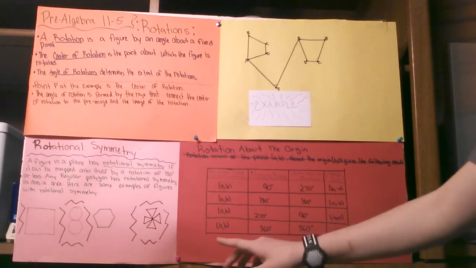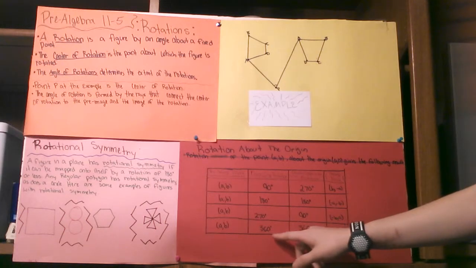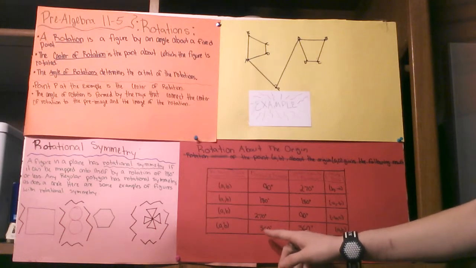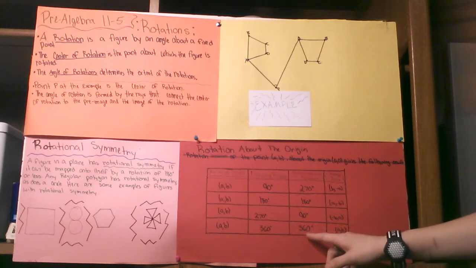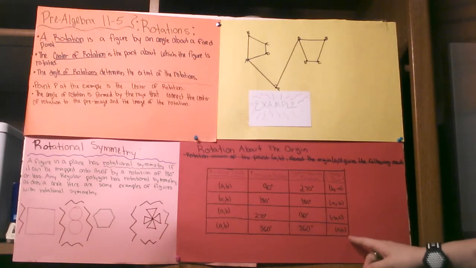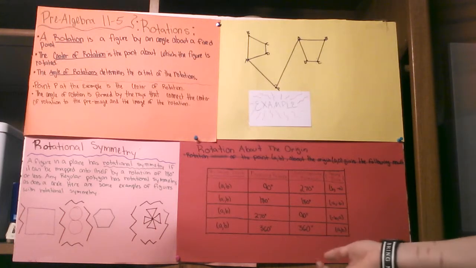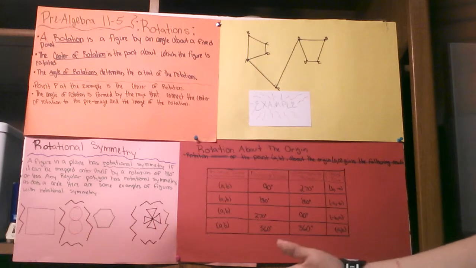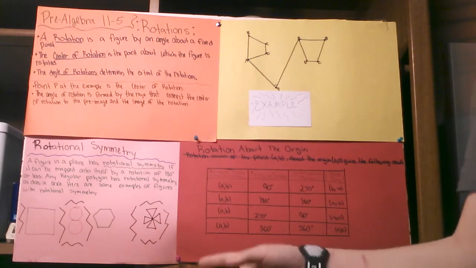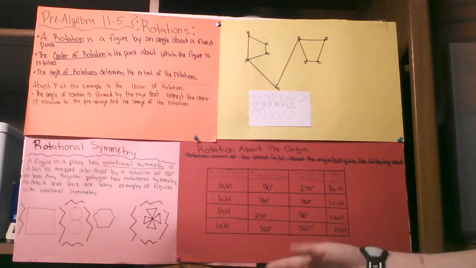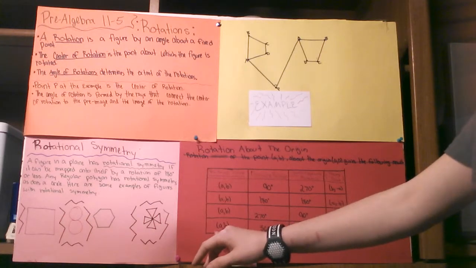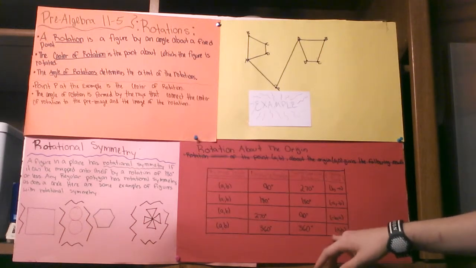And then, same thing, pre-image point (a, b). The clockwise rotation of 360 and the counterclockwise rotation of 360 would give (a, b). That makes sense because if you turn a triangle 360 degrees, it would be the same. So same thing, 3, 4, and the image point would be 3, 4.